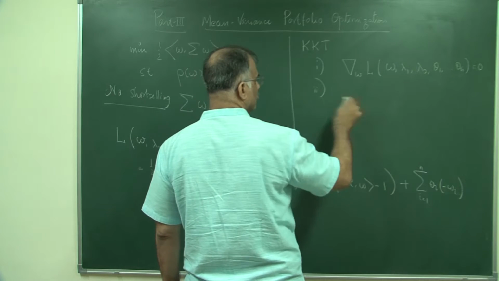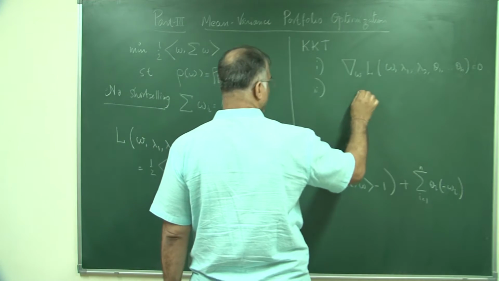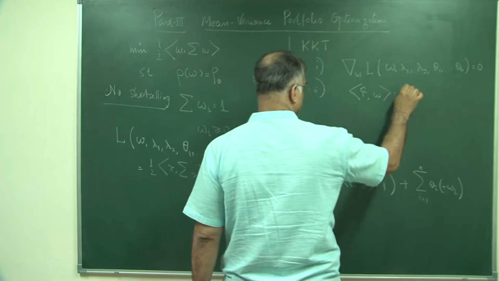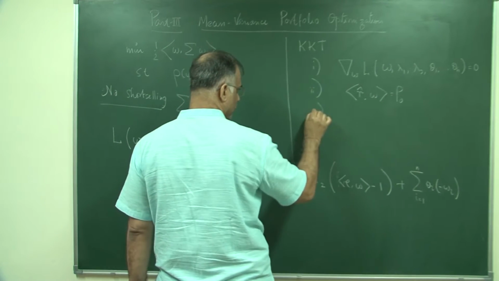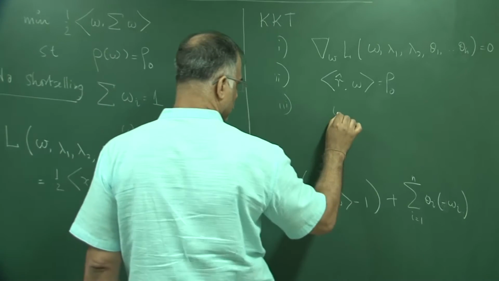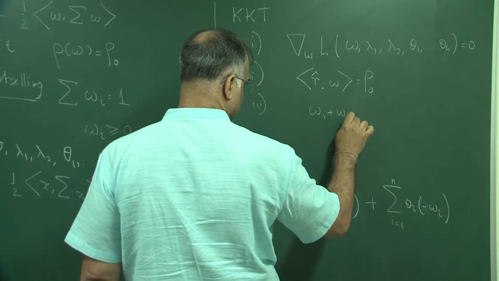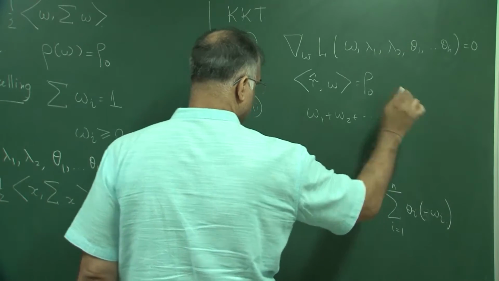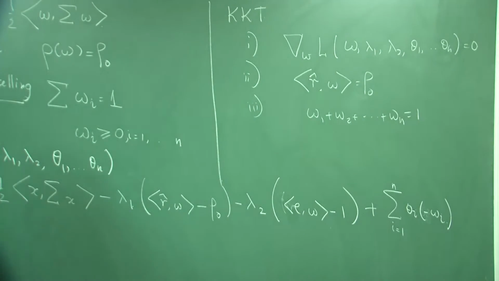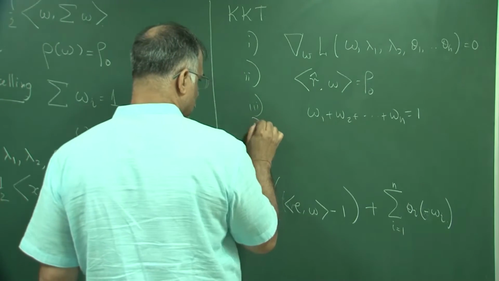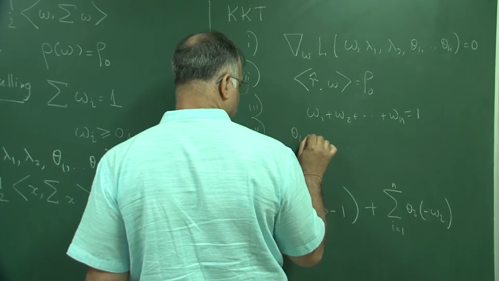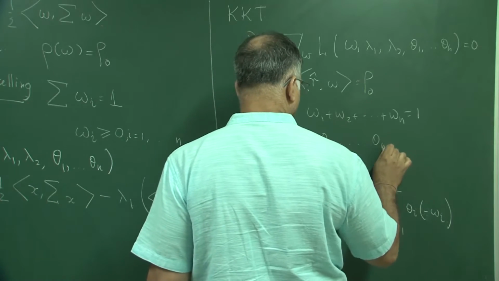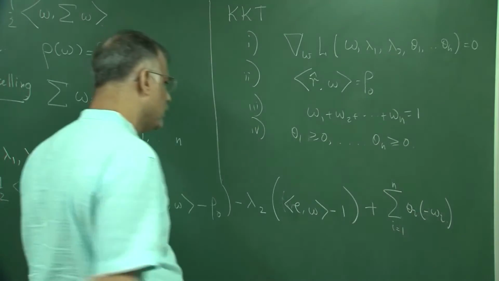Number 2, of course, you have to have this r hat omega equal to rho naught. Number 3, you have to have this as 1. Number 4, you have to be sure that these multipliers theta 1 to theta n are all greater than or equal to 0.